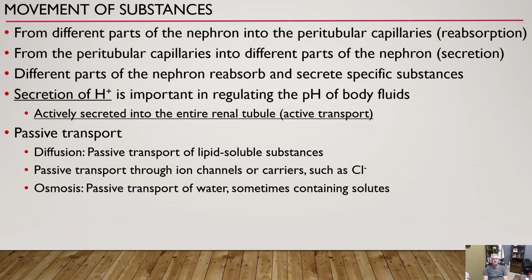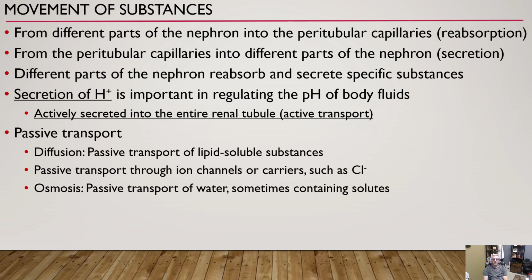But hydrogen ion, we know that hydrogen ion is important in regulation of pH, but hydrogen ion is actively secreted, so active transport needs ATP, is actively secreted in the entire renal tubule.